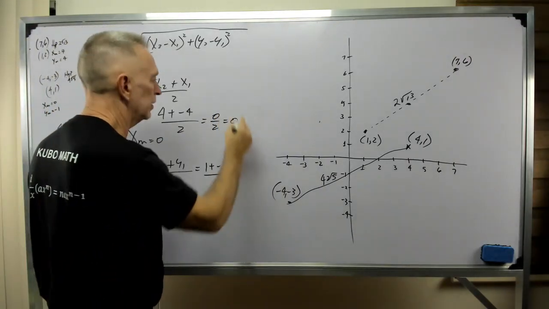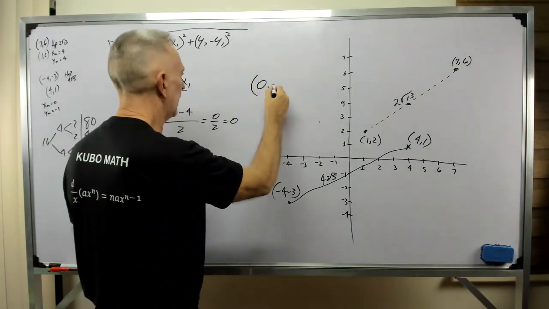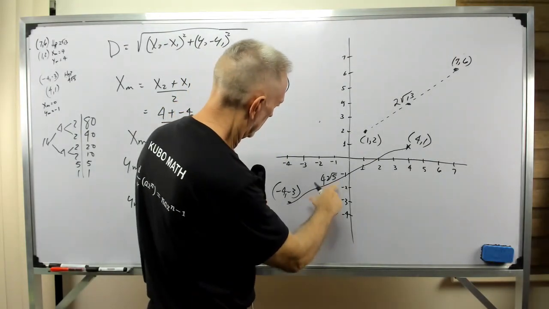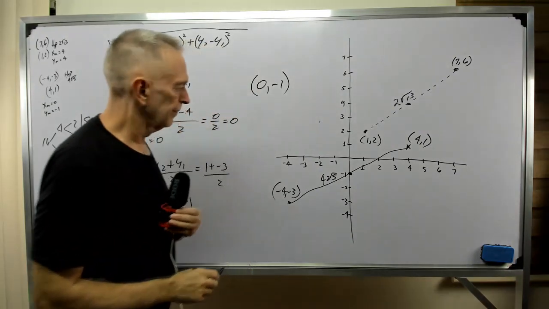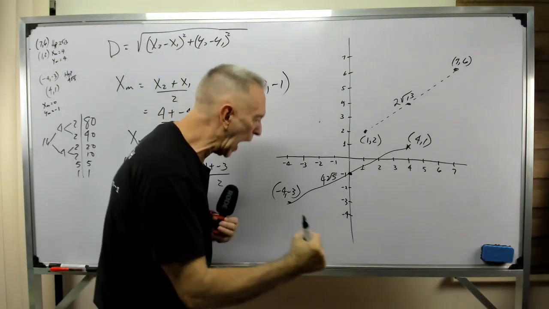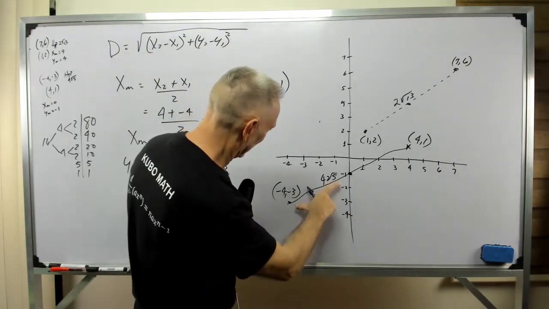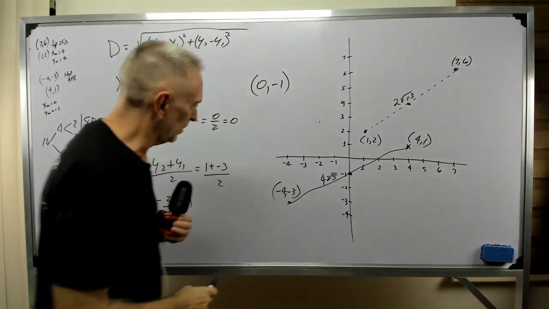So my coordinates for the midpoint then would be 0, negative 1. Well, that's that point right there. It's a wonder my line went through that. Okay. So is that about the midpoint? I can't stretch it out, but yes, this looks somewhat in the middle.